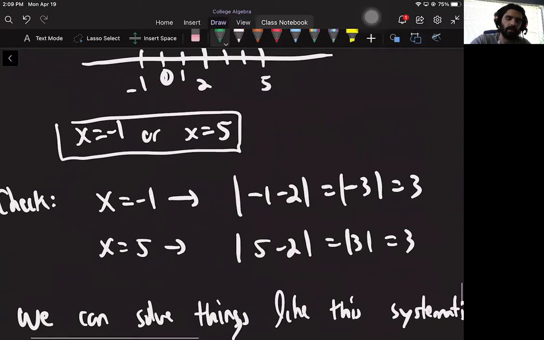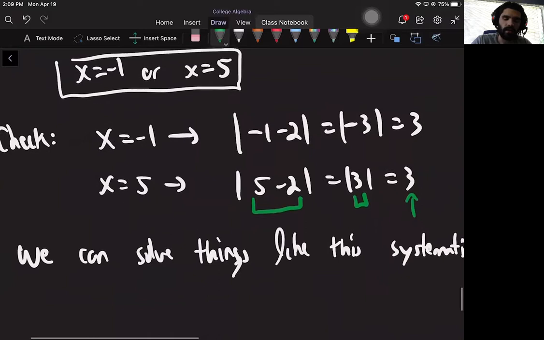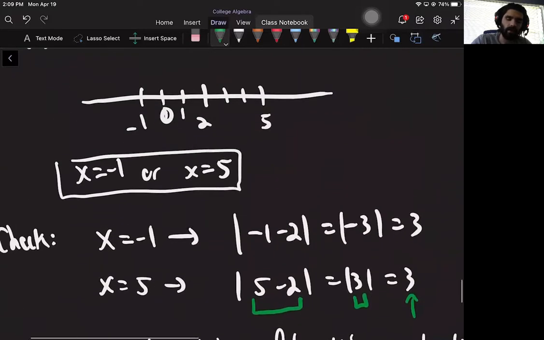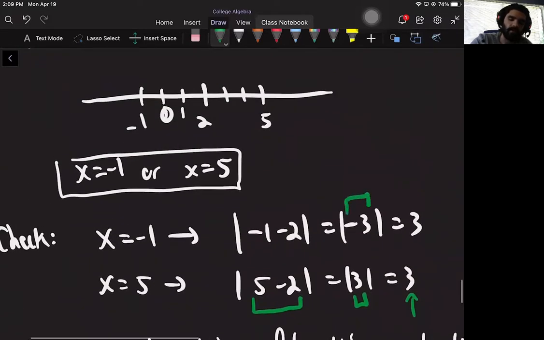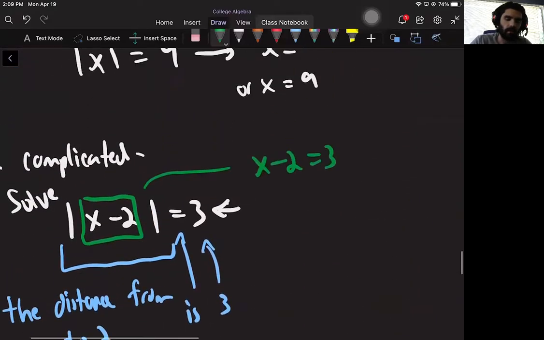That's what this is really saying: when does this equal 3? That will get me 3 as a final answer. But I could also make the entire inside be negative 3, and that will result in 3 as well. So let me set the inside equal to negative 3 too.